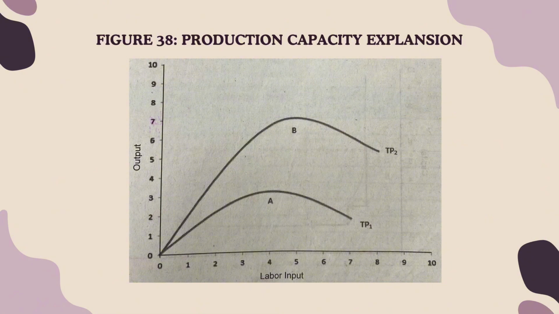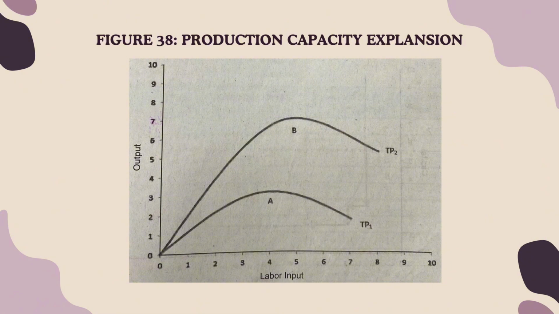TP1 represents the initial production capacity where the firm can produce a maximum output of 2 units with 7 units of labor input. TP2 represents a higher production capacity achieved through investment or technological advancement, where with the same labor input of 7 units the firm can produce 5 units of output.